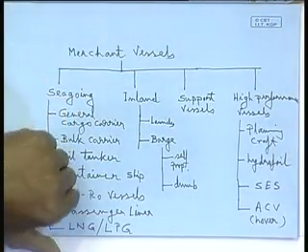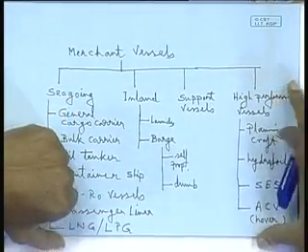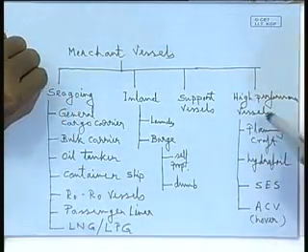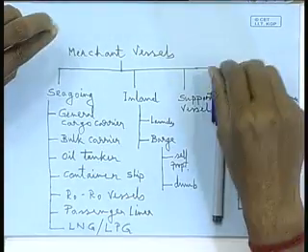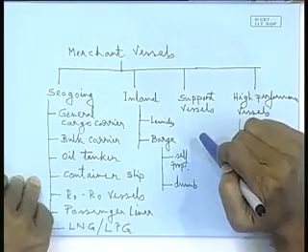Of course, you will learn in detail in later courses. Another fundamental difference: till this point, seagoing, inland and support vessels are all so-called displacement craft, because they are supported by buoyancy force. Thereby, they are not generally weight sensitive.